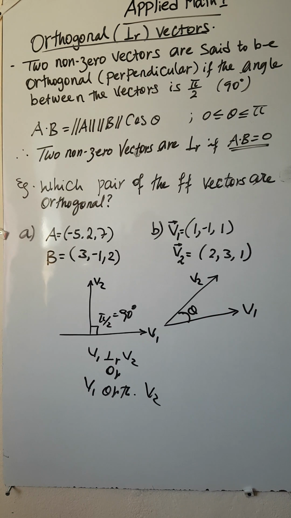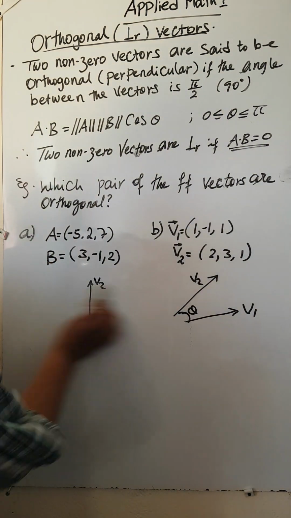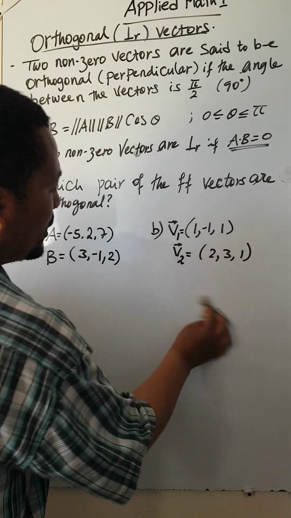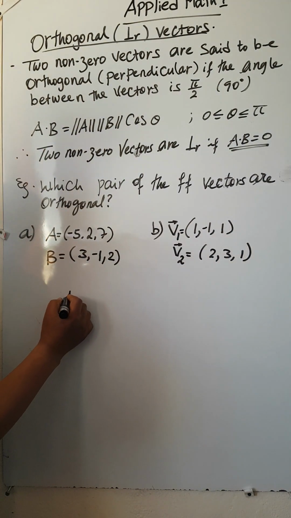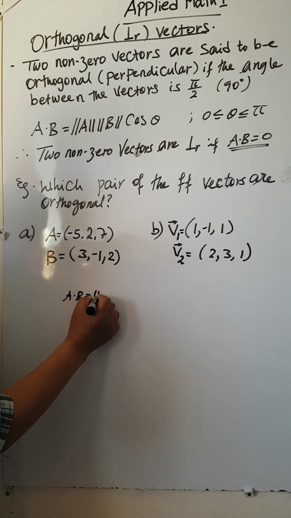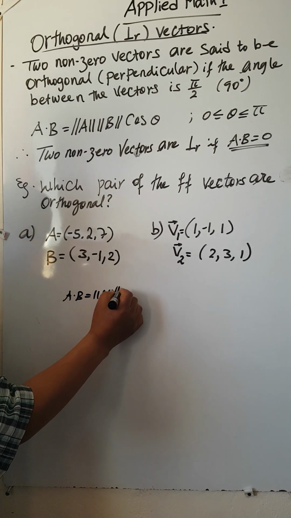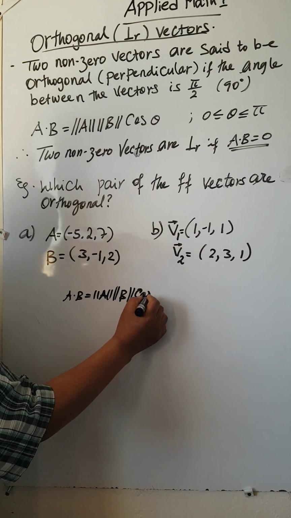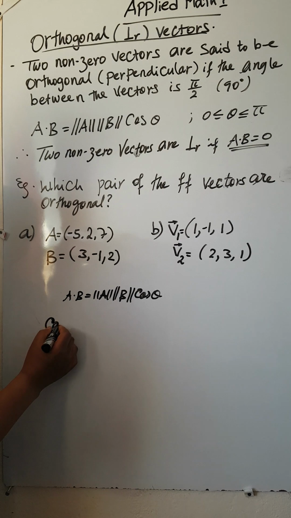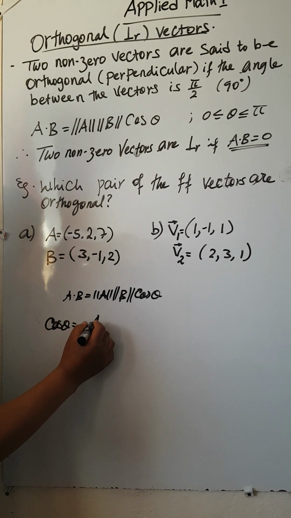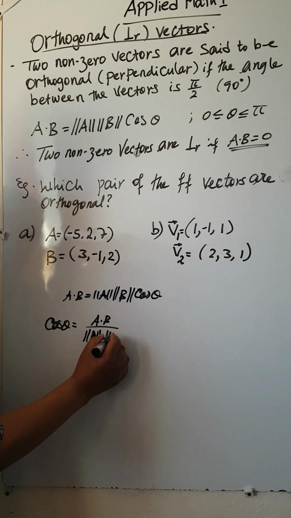ሁለት ቬክተሮች ኦርቶጎናል ናቸው የምንለው when the angle between them is 90 degree. Okay 90 ዲግሪ ሲሆን ከዚህ ምንድን ነው ያለን? a dot b is equal to norm of a times norm of b then cosine of theta. then ከዚህ ምንድን እናገኛለን? cos theta is equal to a dot b divided by norm of a times norm of b.